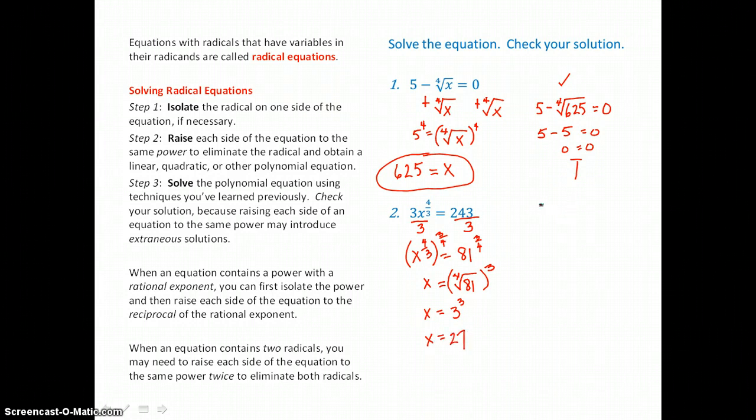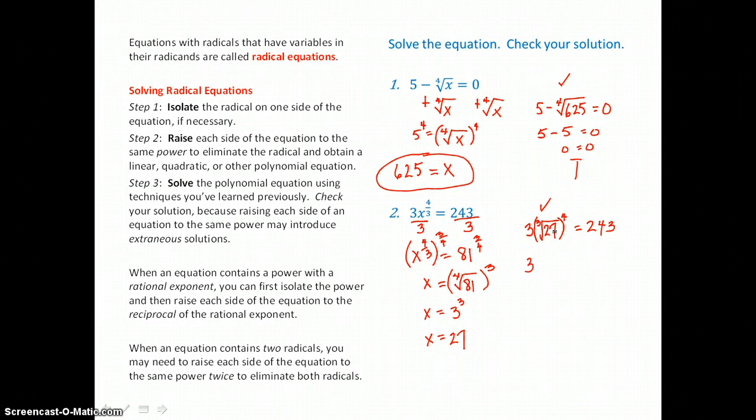And I'm going to check in that original equation. So I'm going to substitute in 27 for x. And I'm going to change that fractional exponent to a radical. So I have the cube root, the third root of 27 raised to the fourth power, and that should equal 243. So let's simplify to find out.